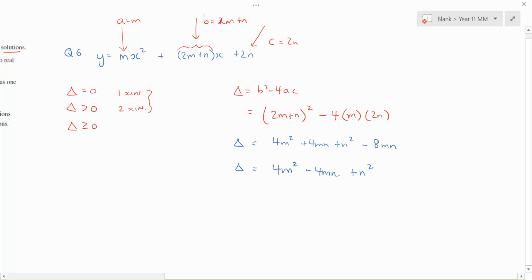So this is my equation, and this is my discriminant. Now what I want to find is when it's greater than or equal to 0.